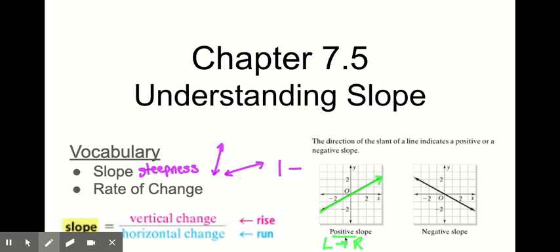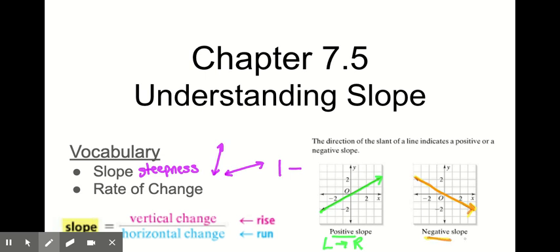That is a positive slope. However, if we look at this line, I see that again, moving from left to right, I'm moving what appears to be down, and this is a negative slope. Let me redo that in a little bit of a darker color. So left to right, going downwards, again, is a negative slope.